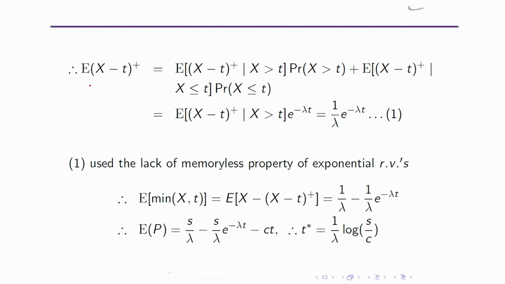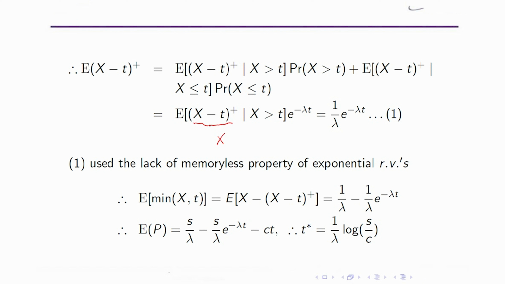Now we first look at this, (X minus T)+. So the expectation of (X minus T)+, we can divide into two cases. First, X greater than T, or X less than or equal to T. If X is greater than T, then (X minus T)+, this random variable is simply like X because of the memoryless property, right?